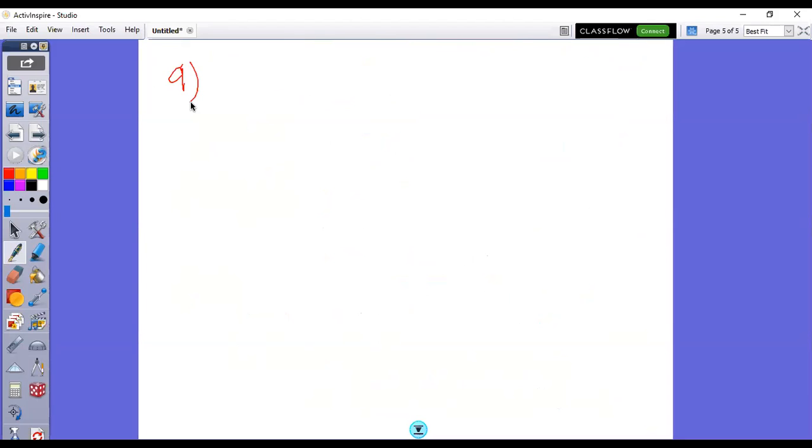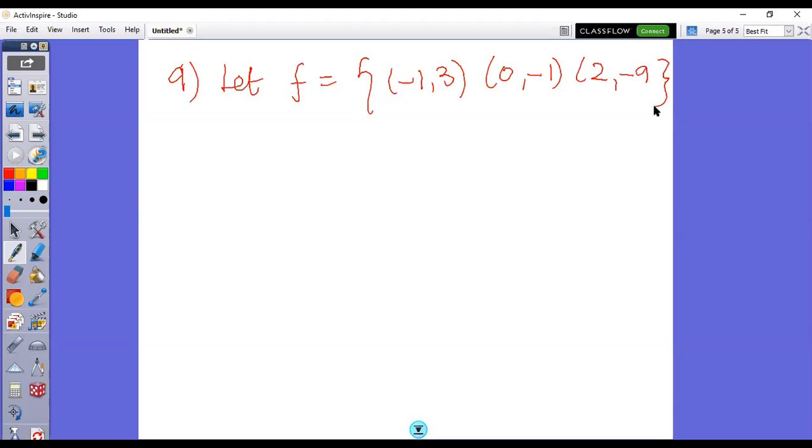Ninth sum: let f equal to {(minus 1, 3), (0, minus 1), (2, minus 9)} be a linear function from Z to Z, where Z is the integers. Then find f of x. What is a linear function?